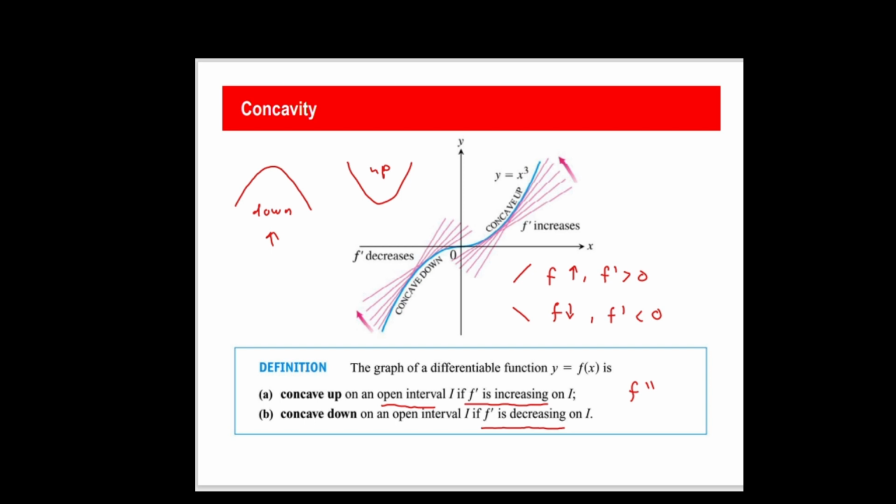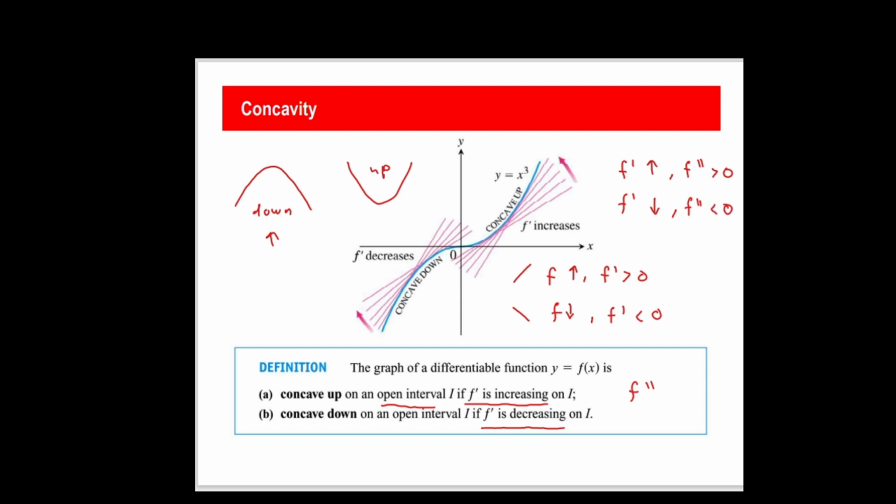The first one is f prime is increasing and the second is f prime is decreasing. In relation to this, we know that f double prime will be greater than 0 for increasing, and similarly, f double prime will be less than 0 for decreasing.